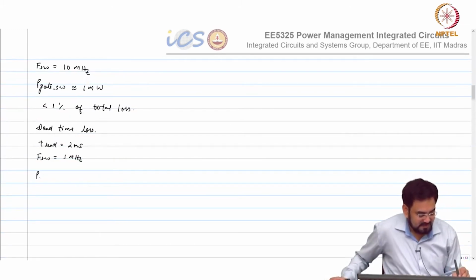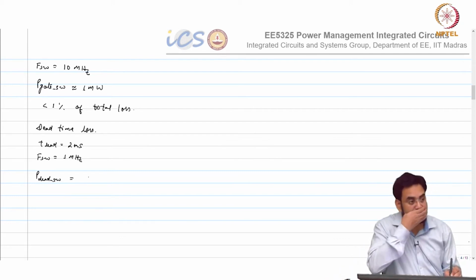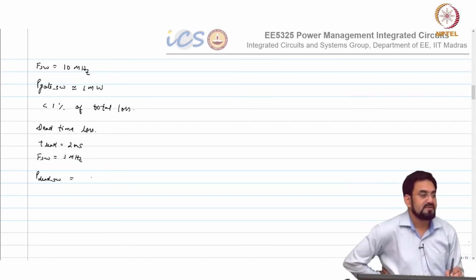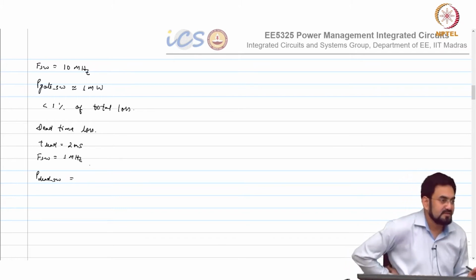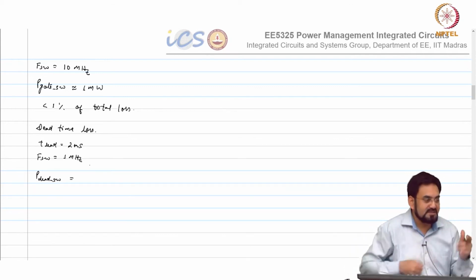So your P dead SW, how much was that? Anybody remember? What was the formula? 2 T dead by TS. So twice because the diode is conducting at both the edges.